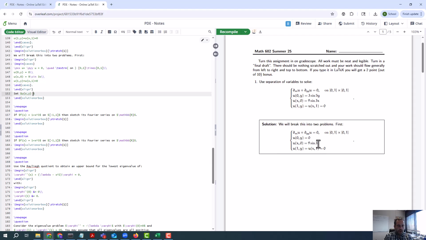So u of x, y is going to be equal to h of y, phi of x. Plugging into the PDE gives the following.